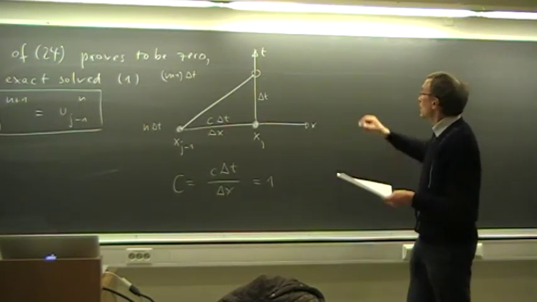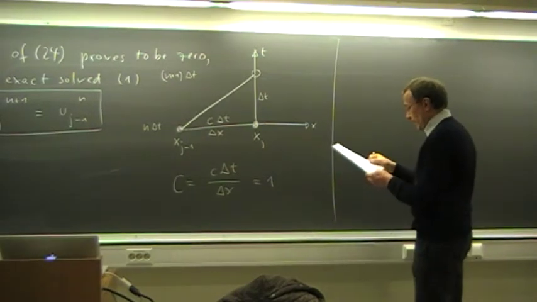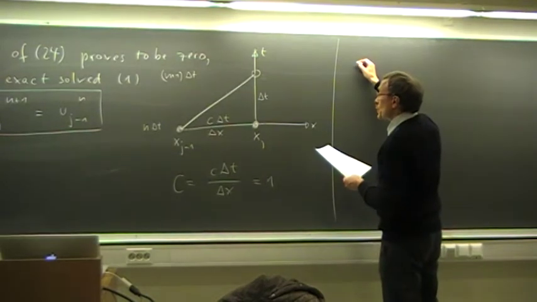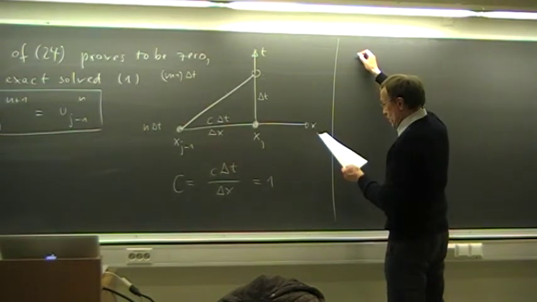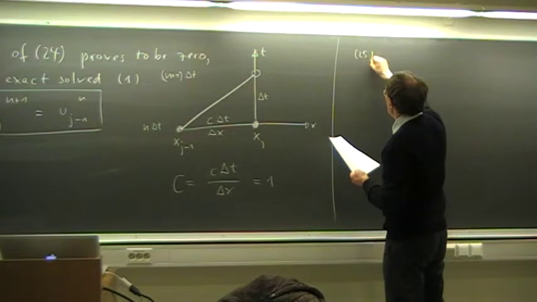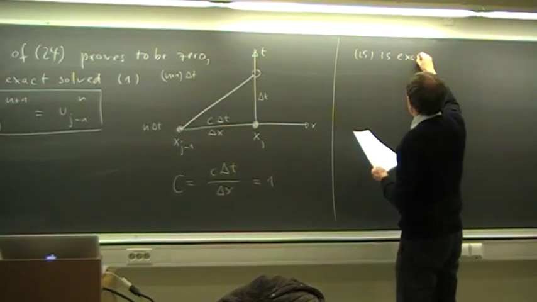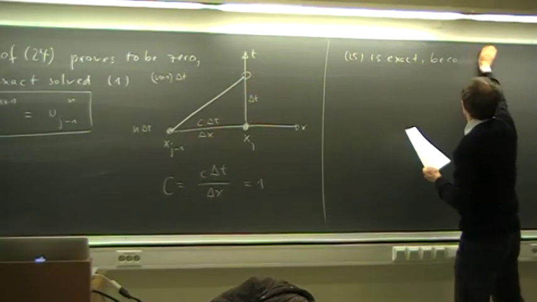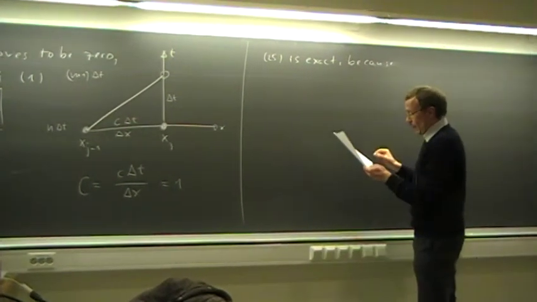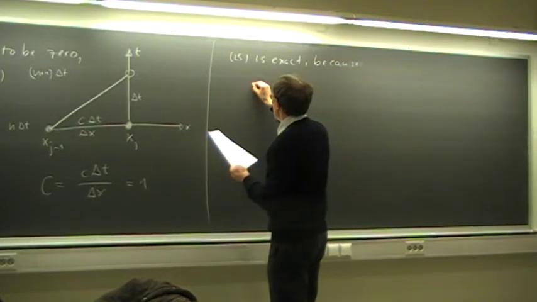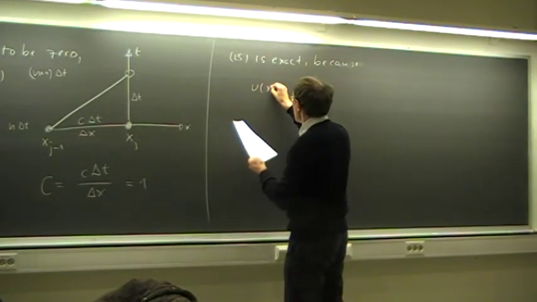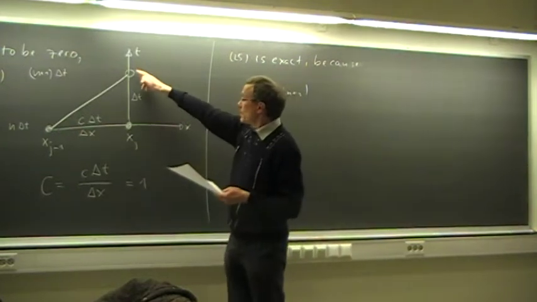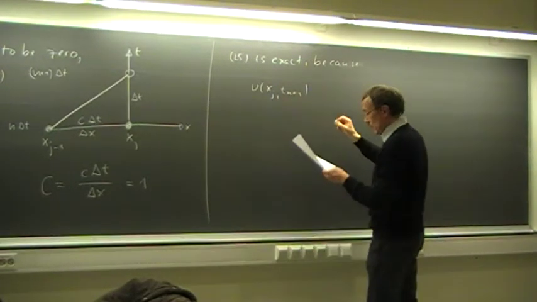And we can also understand that by looking at the exact solution. So that is, 25 is exact because we have u(x_j, t_(n+1)). That is what we want to compute.